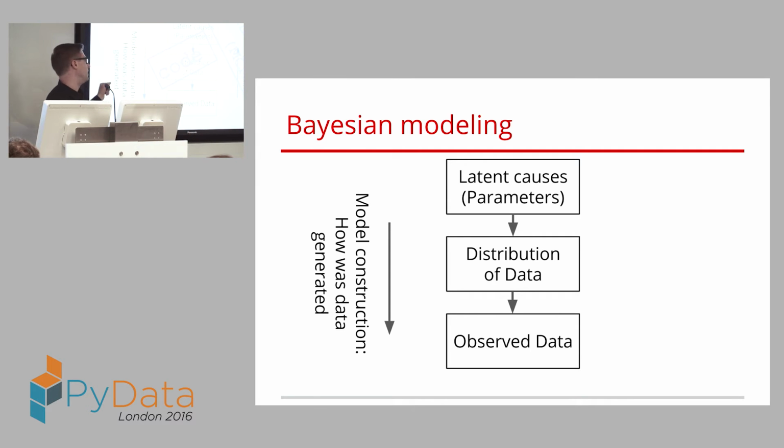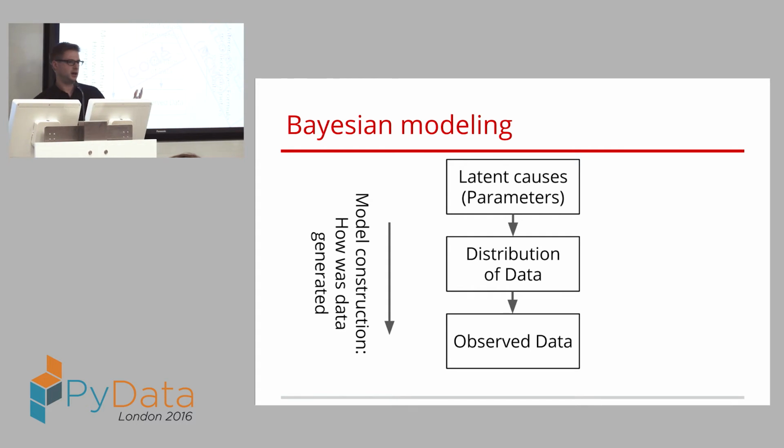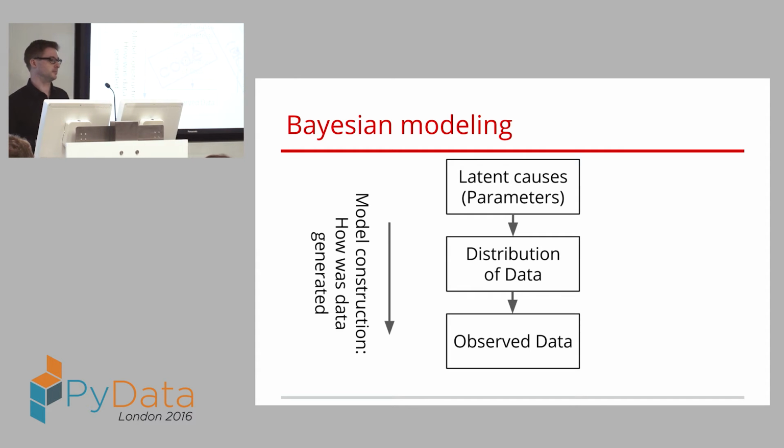Probabilistic programming now automates a lot of that stack by just allowing you to write this down in computer code, and PyMC3 allows you to do that in Python code. And then you just hit the inference button, and you get what is called the posterior, the most likely values of your parameters given the data.